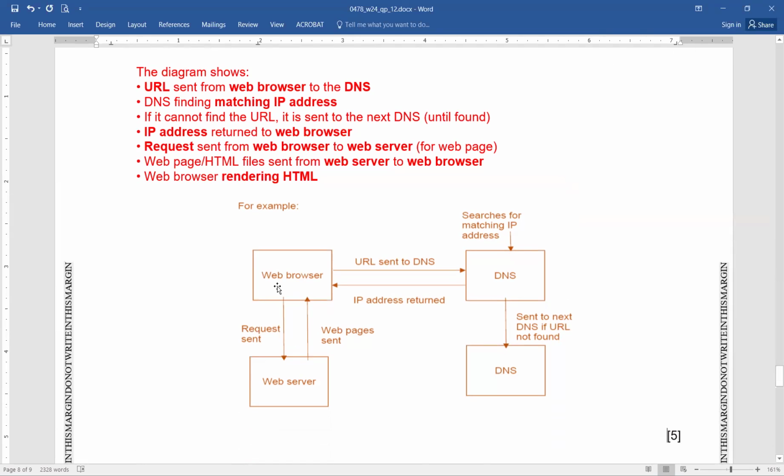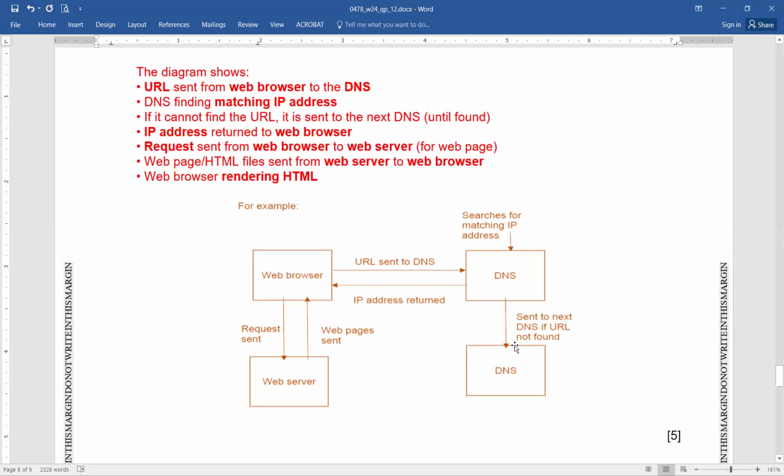You have a web browser sending a request to the web server. So the web server will be sending the web pages. But before that, in the beginning, the first stage is you are going to have a communication between the browser and DNS server 1. And the URL will be sent to the DNS server. The DNS server is going to search for the matching IP address. If found, well and good.